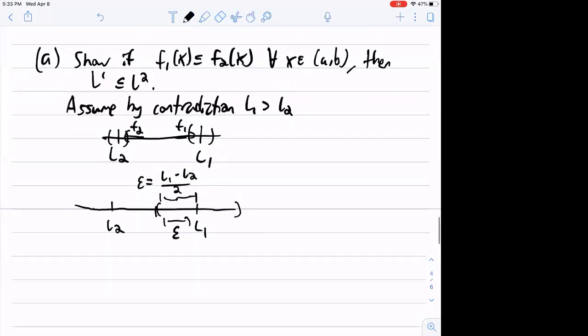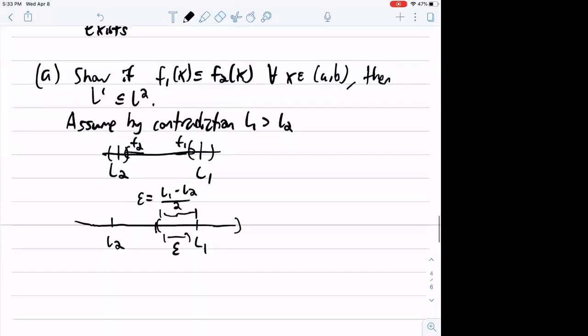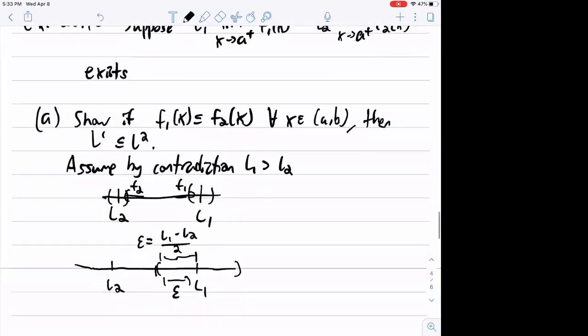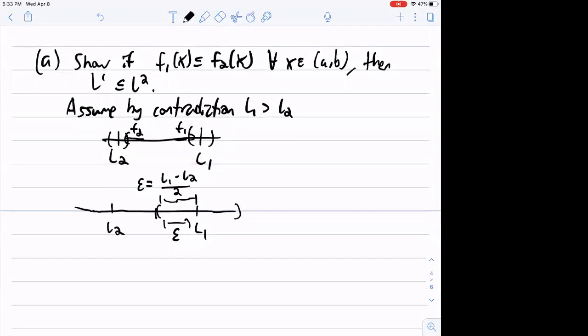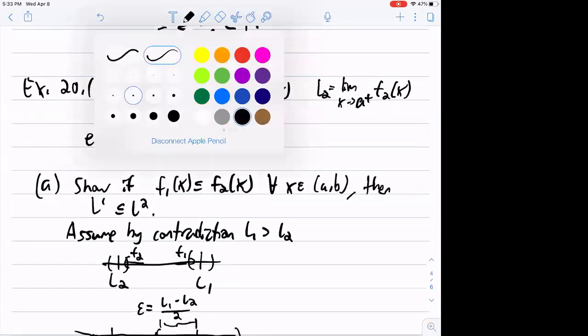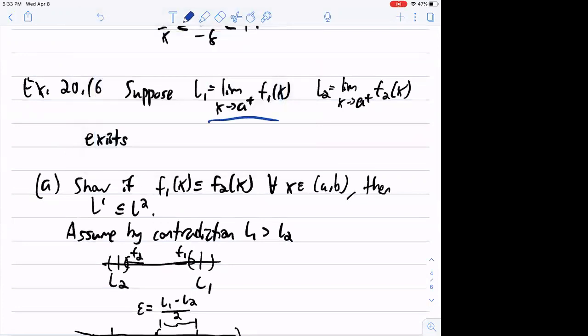So what are we going to do? Well, we know these two limits exist, right? So we have a limit definition. Using the fact that the limit of this guy exists, let's write it out.